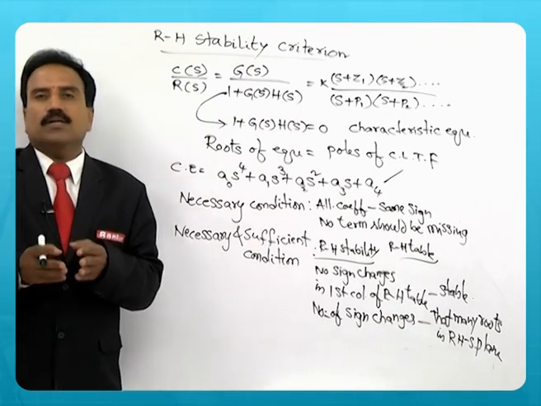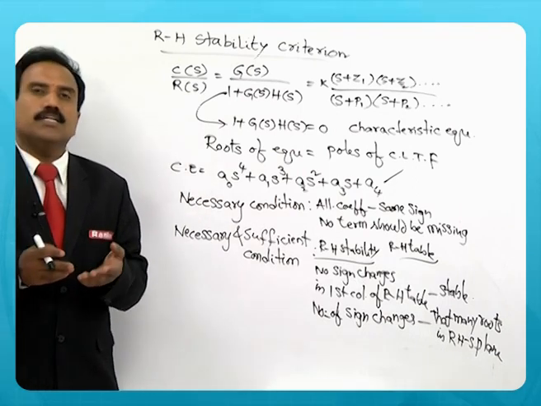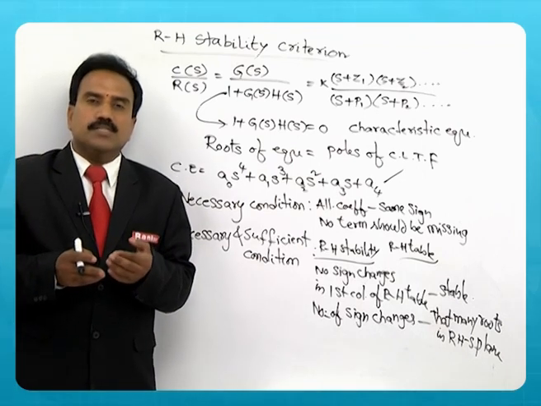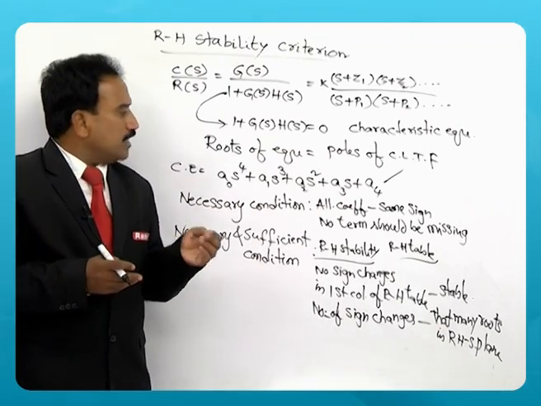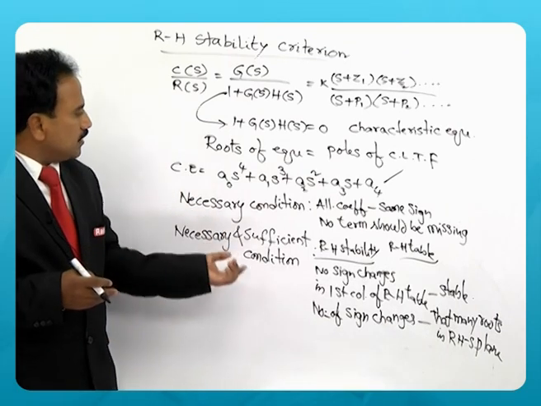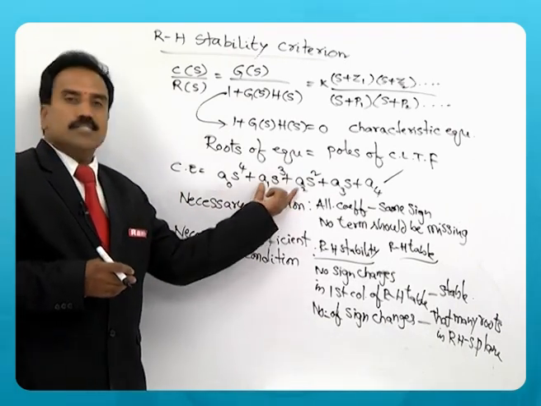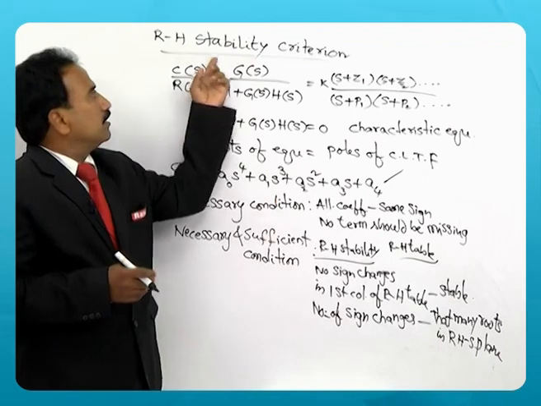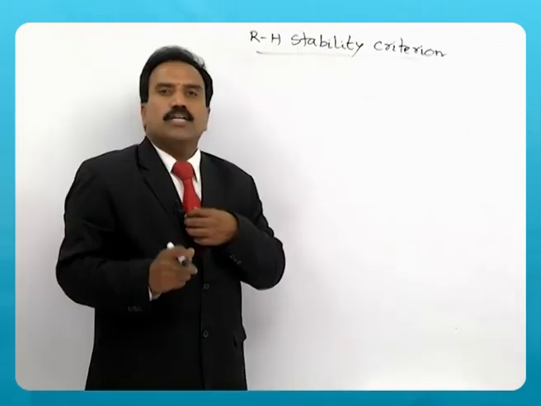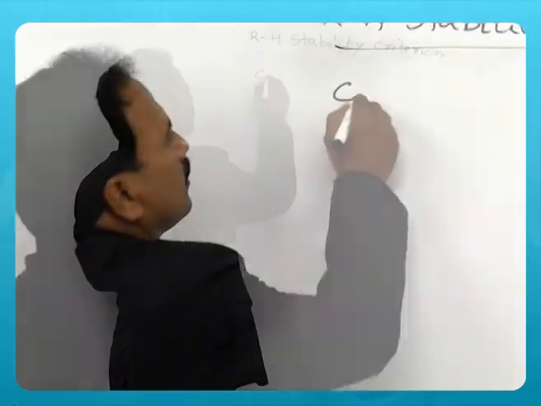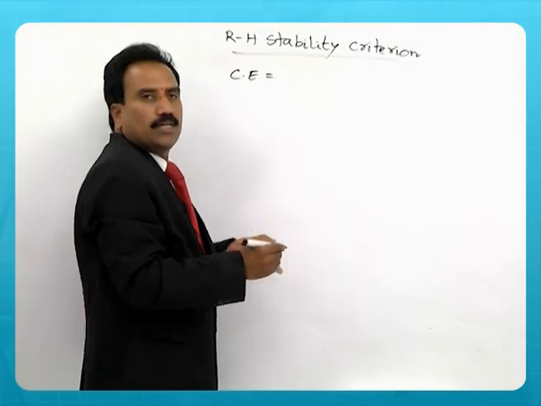It is a very important algebraic criteria. Using that, stability can be assessed, and let us see how exactly we determine the status of stability when the characteristic equation is given. So let us consider the characteristic equation of fourth order.